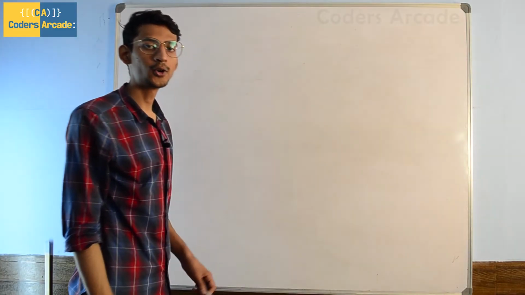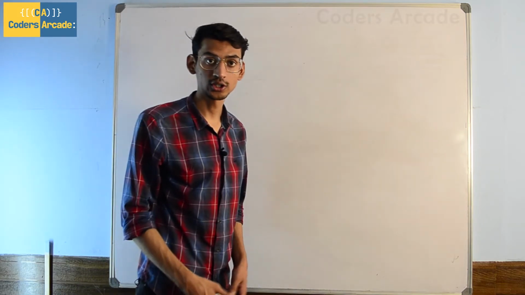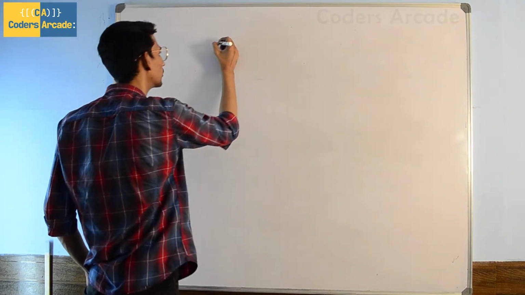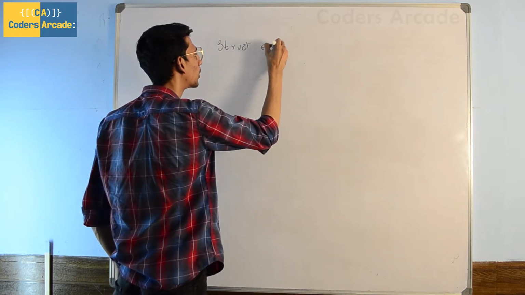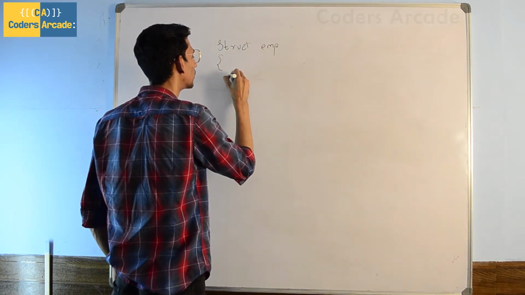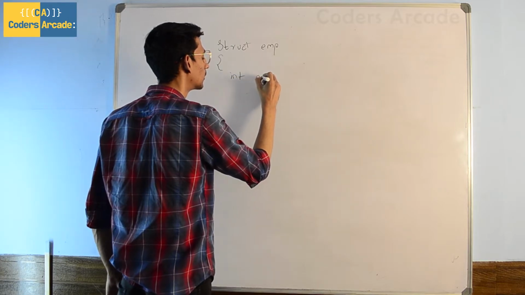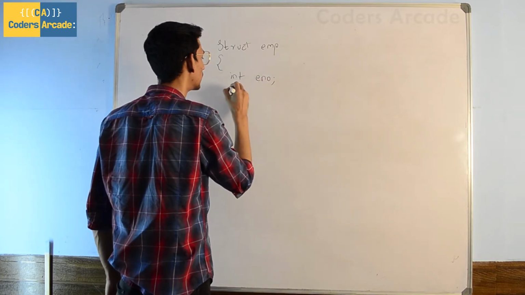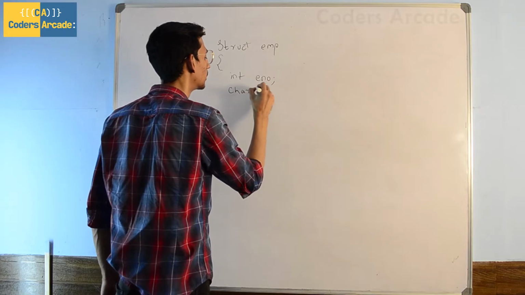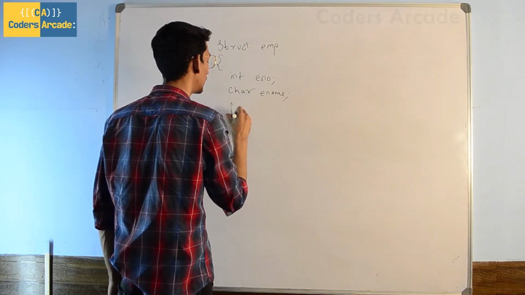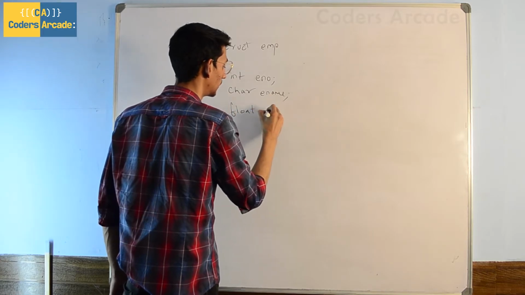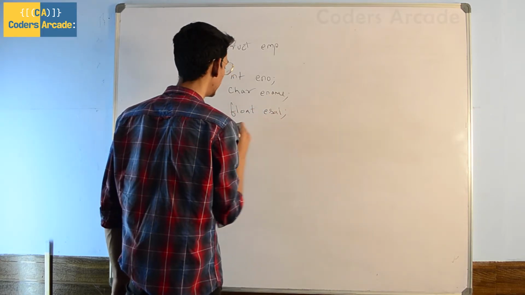Now let us see how we give an input to our structure. We start by creating our structure, struct employee, int enumber, char ename, and float salary.